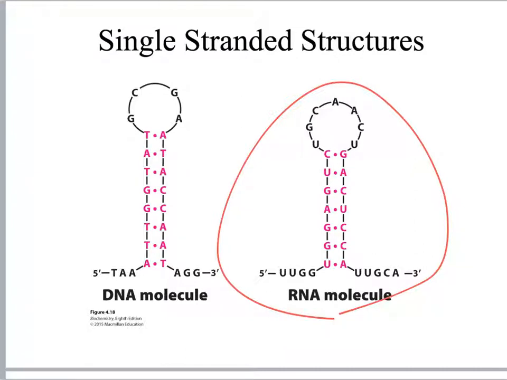In these structures, sometimes we can have mismatched base pairs, and having base pairs that don't match one another will result in these kind of bulges from the helix. Now that can happen in DNA as well, where you can have mismatches and end up with a bulge. These structures are going to be important for higher order folding of nucleic acids, which will ultimately impact the function of these things.